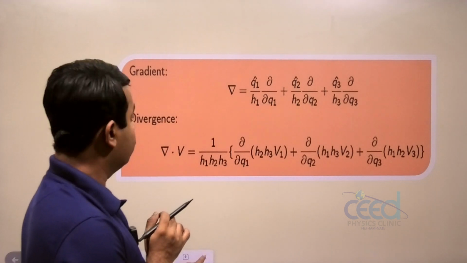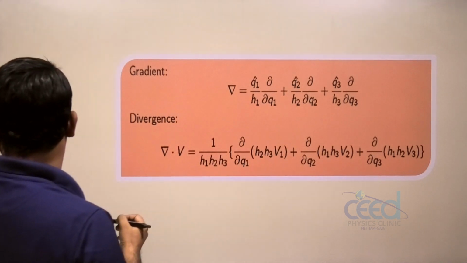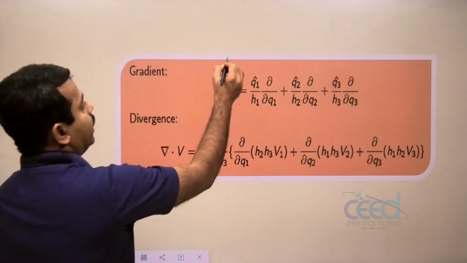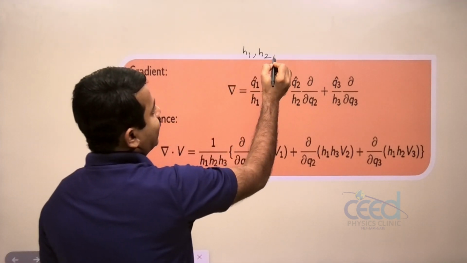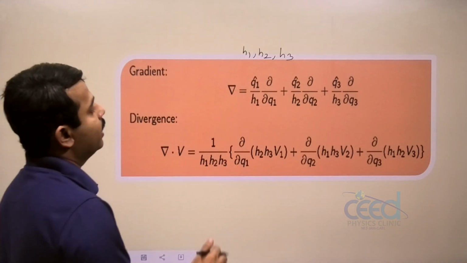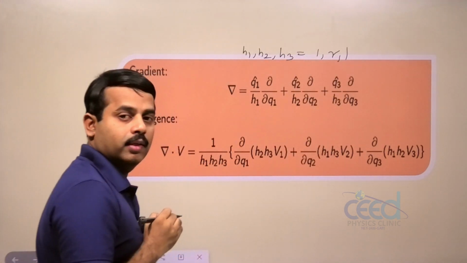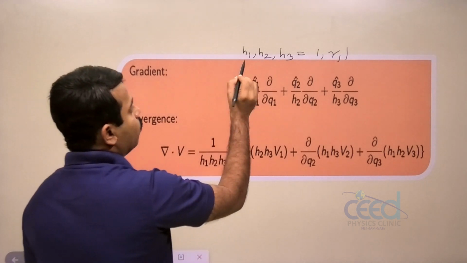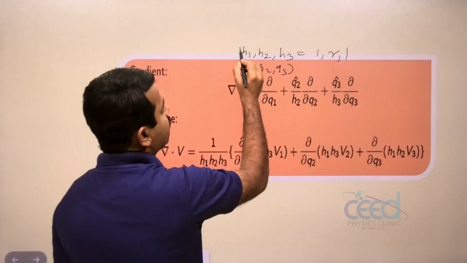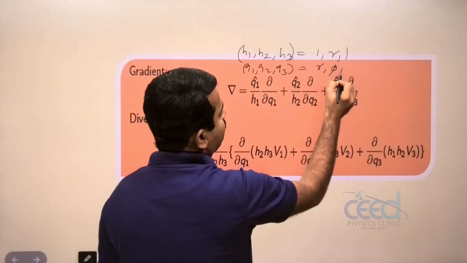Now, how do I write the same thing for the cylindrical coordinate system? Here h1, h2, h3 are 1, r, 1. And q1, q2, q3 are the coordinates r, phi, z.